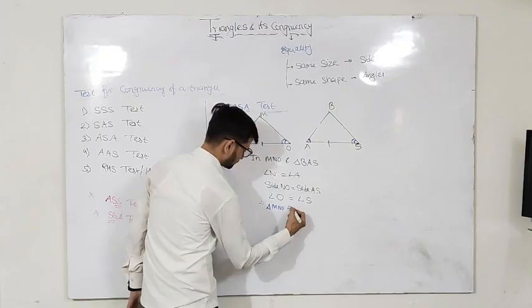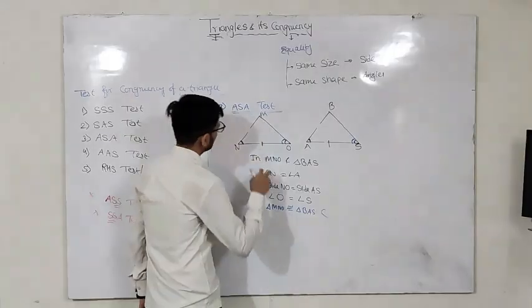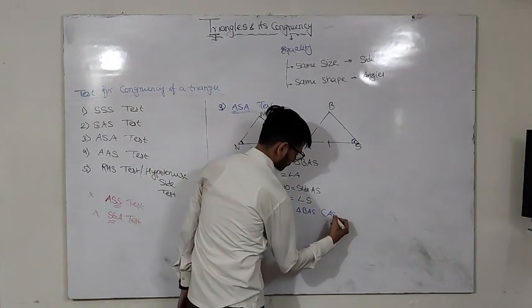Triangle MNO is congruent to triangle BAS by ASA test.